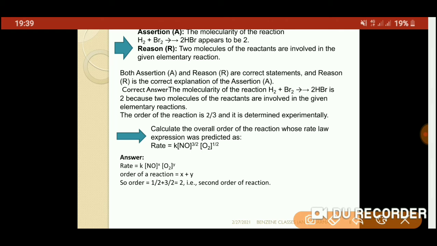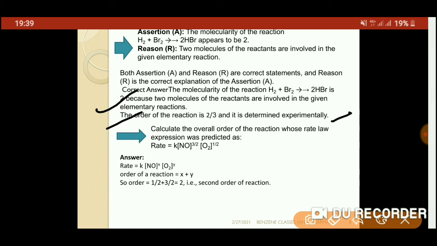But what is important in this question? You can check this line also: the order of the reaction is 2 by 3, and it is determined experimentally. Guys, I want to tell you, you cannot determine order very easily just by checking the balanced chemical reaction.